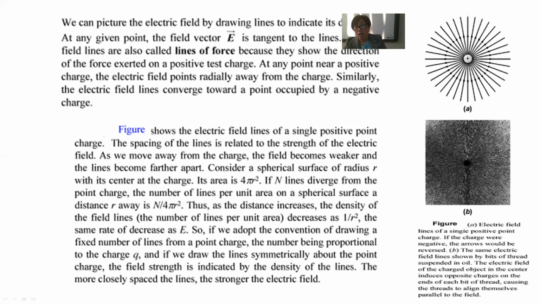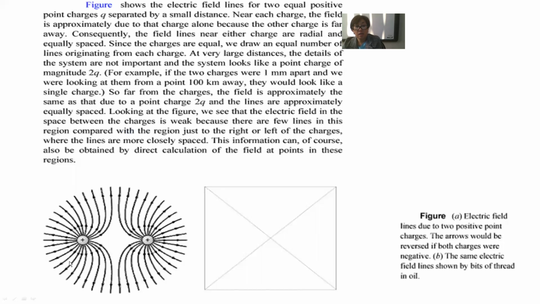Next, we take two electric charges, both positive. Here the figure shows electric field lines due to two positive point charges. If both charges were negative, the roles would be reversed.